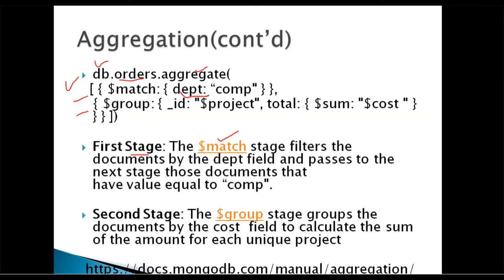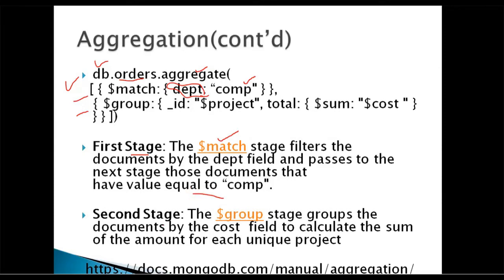Here it is expected that you have created a collection with department as one of the fields, and comp is a value assigned to this department in some documents. This stage filters on the department field and passes those documents that have value equal to comp to the next stage.